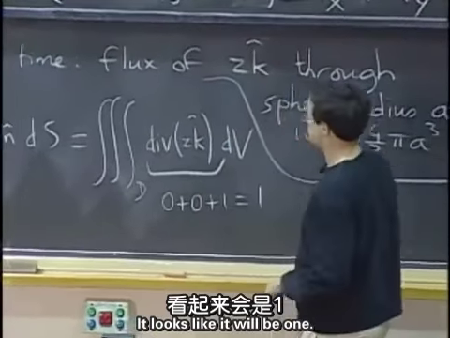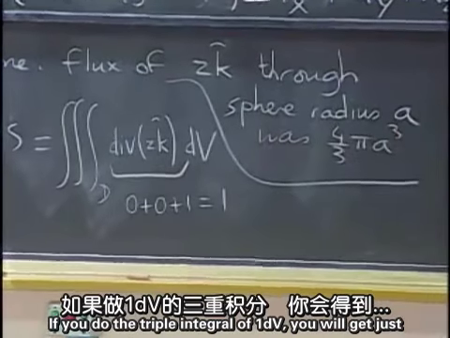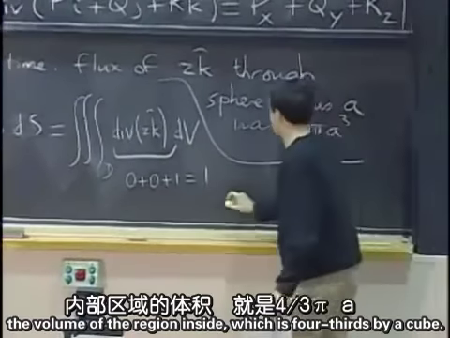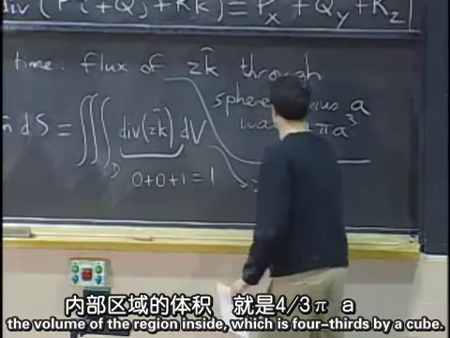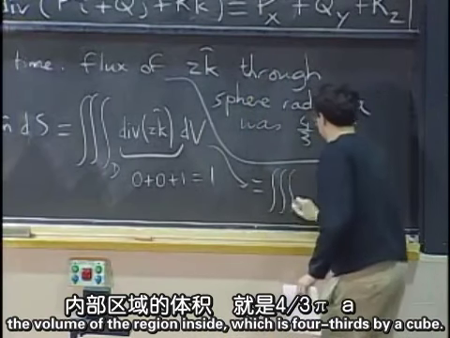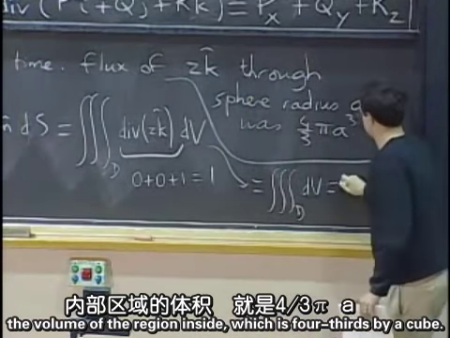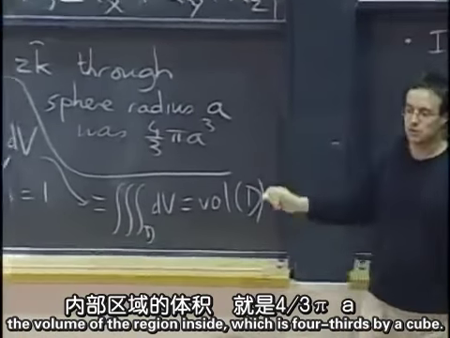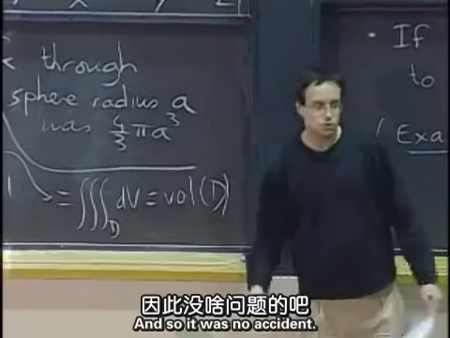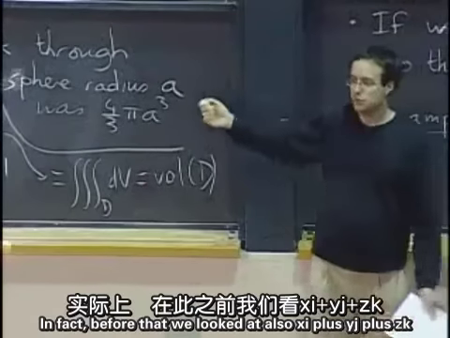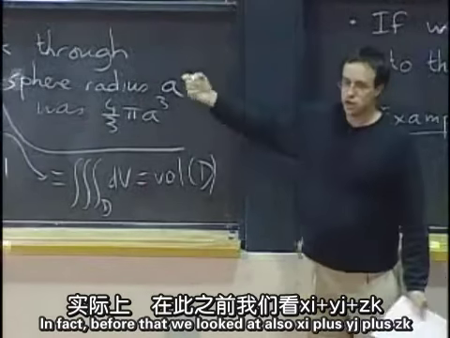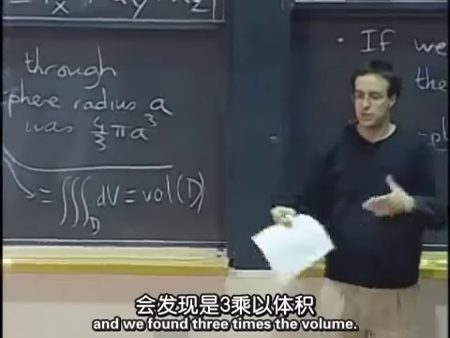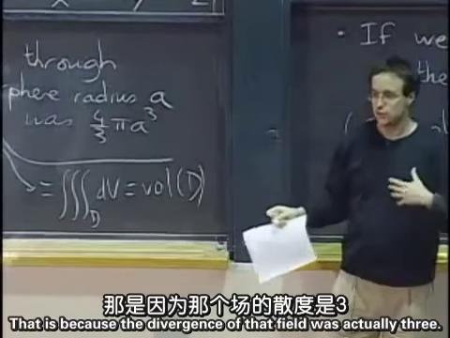It will be 1. So if you do the triple integral of 1 dV, you will get just the volume of the region inside, which is 4/3 pi a cubed. And so it was no accident. In fact, before that, we looked at xi plus yj plus zk, and we found 3 times the volume. That's because the divergence of that field was actually 3.